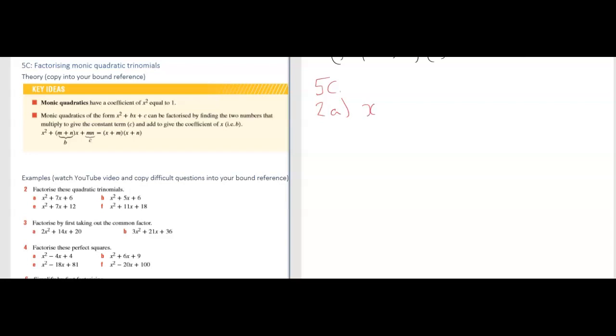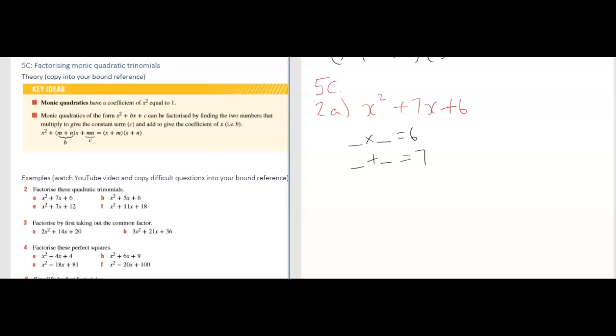We've got x squared plus 7x plus 6. We're looking for two numbers that when multiplied give you 6, and when you add them, give you 7.